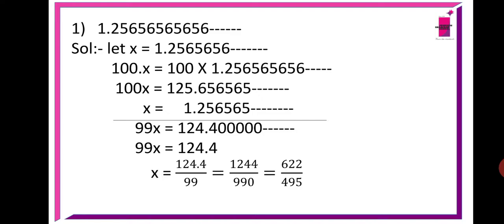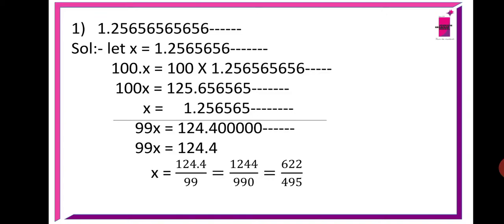This is one example of how to convert a recurring decimal to a fraction, to a rational form p by q, as you have learned in grade 9. Generally we take the number equal to x and the set of numbers repeated is 2, so multiply with 100.